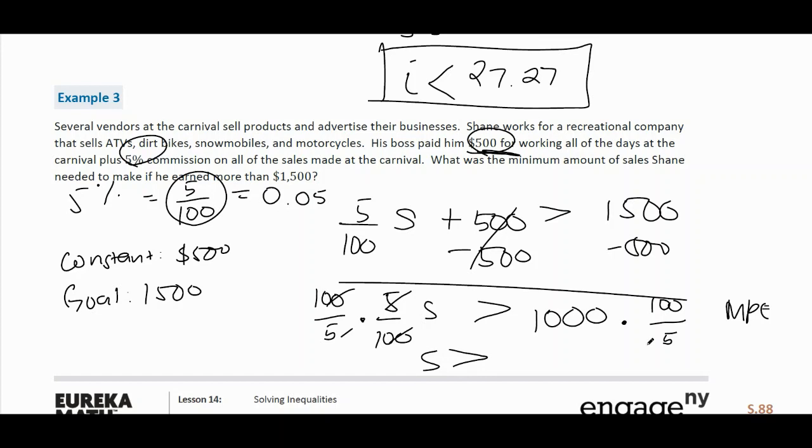So 1,000 is divisible by 5, so we can definitely cancel that. This will be 1. Of course, this will be 200. And now we can multiply easier. So 200 times 100 is going to be 20,000. So it means the sales was $20,000. That was how big the sales was.